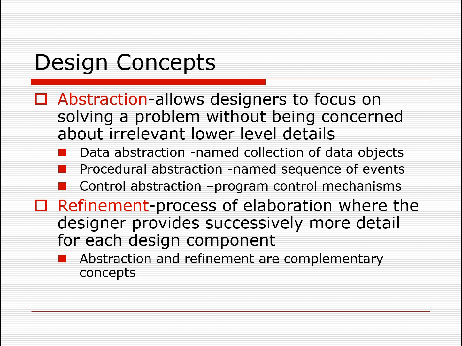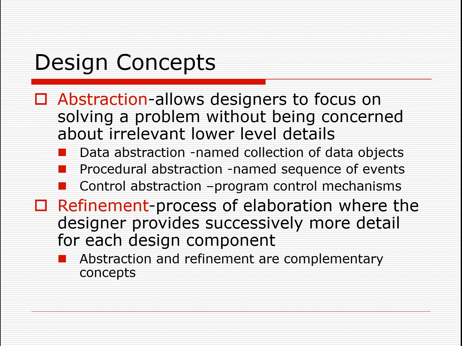The first is abstraction, in which we allow a designer to focus on solving a problem without being concerned about irrelevant lower-level details. First is data abstraction, a named collection of data objects; then procedural abstraction, a named sequence of events; control abstraction, program control; and refinement.